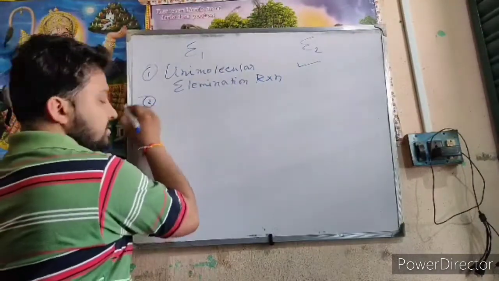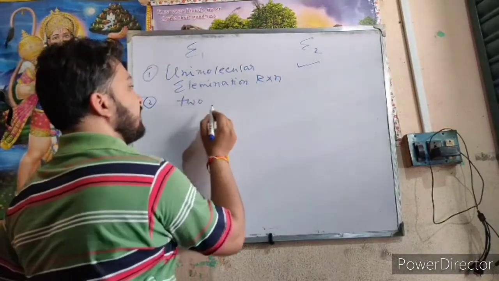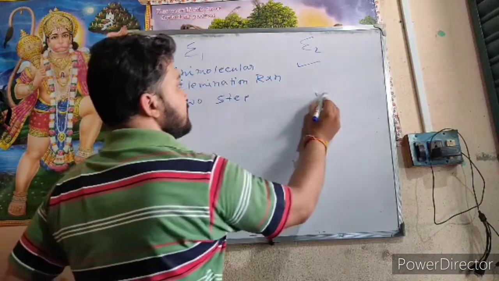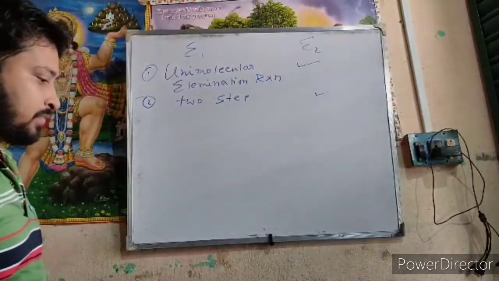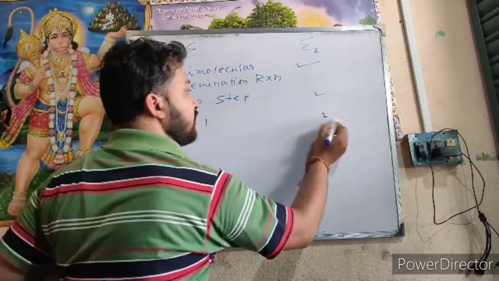The second point: E1, like SN1, is a two-step reaction, and E2 is a single-step reaction. Order and molecularity are 1 for E1 and 2 for E2.